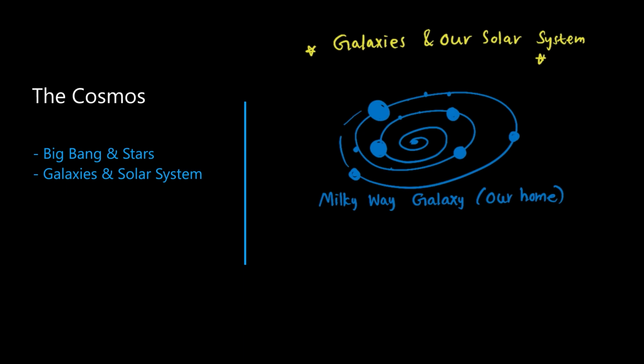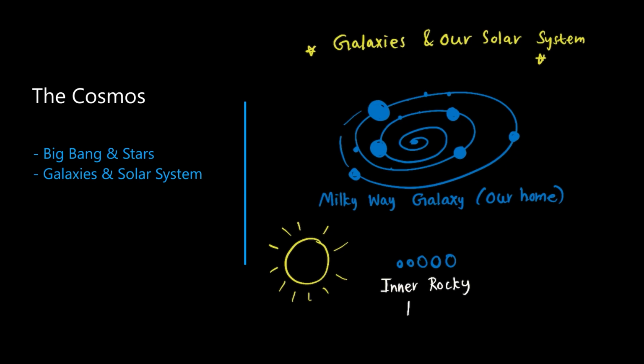Our solar system consists of our star, the Sun, and all the objects that orbit it due to its gravity. This includes 8 planets, their moons, asteroids, and comets. The planets are divided into 2 groups. The 4 inner planets, Mercury, Venus, Earth, and Mars, are small, dense, and rocky. The 4 outer planets, Jupiter, Saturn, Uranus, and Neptune, are giant, low-density planets made primarily of gases like hydrogen and helium.